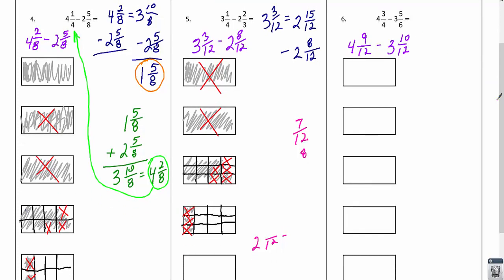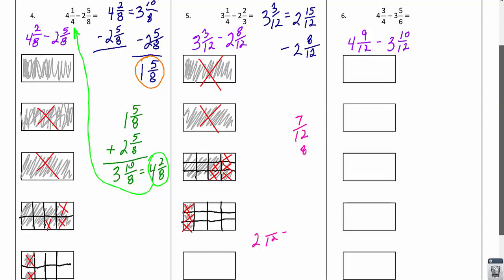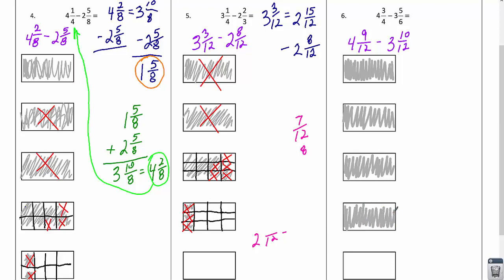But first, let's do some shading. Let us get these 4 and 9/12 shaded in. So we're going to have 1, 2, 3, 4, and 9/12.